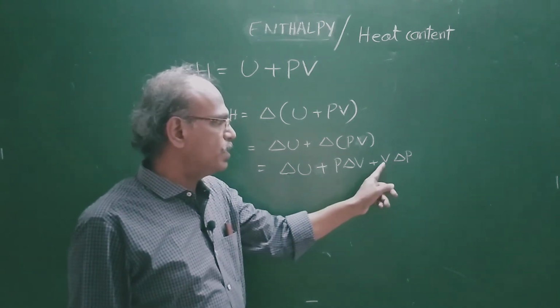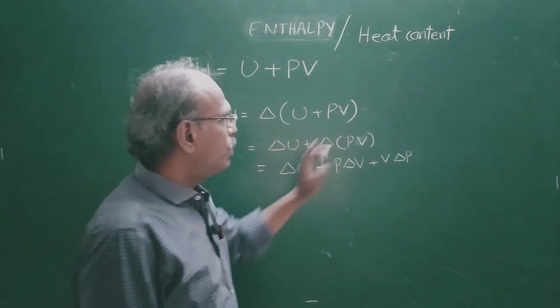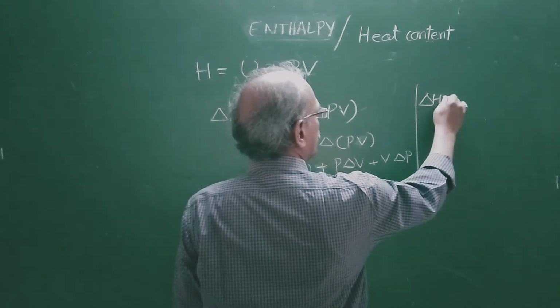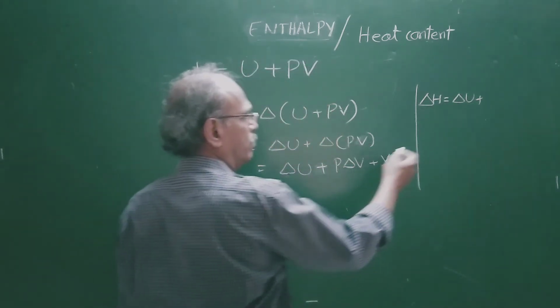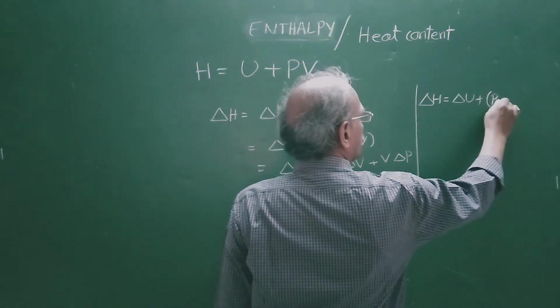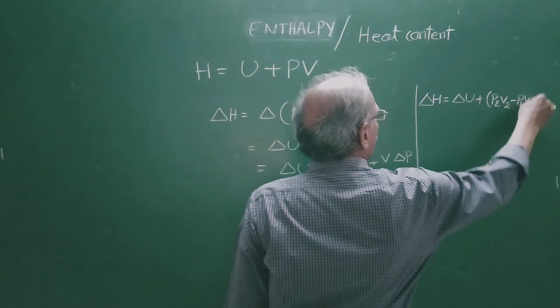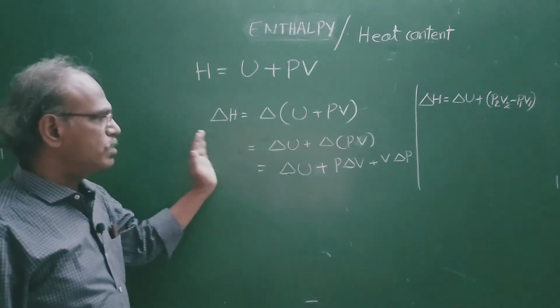Similarly, pressure changes when volume is kept constant. Sometimes both may change. In such cases, this can be written as P2 V2 minus P1 V1. So this is the relation.